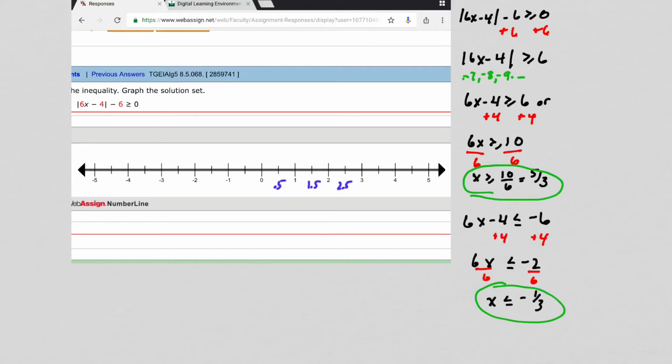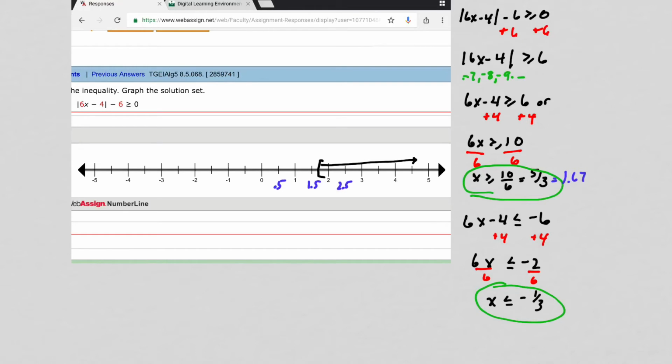So 5/3 is 1 2/3, about 1.67. So 1.67 will be between 1.5 and 2. Now you have to place it fairly carefully on WebAssign, or you're not going to get your answer acknowledged correctly. So 1.67, it's a tiny bit closer to the 1.5 than it is to the 2. And we go off to the right.